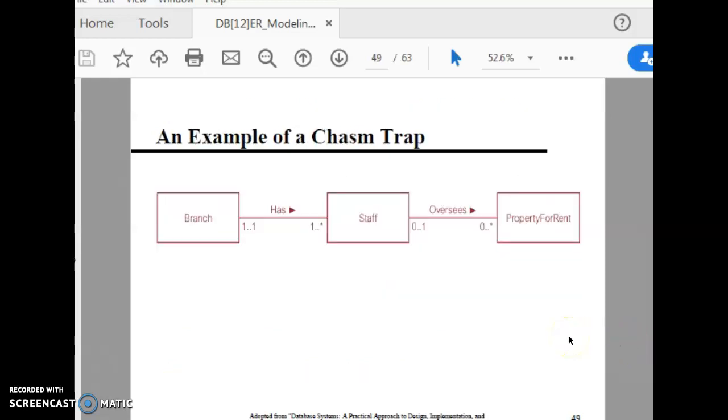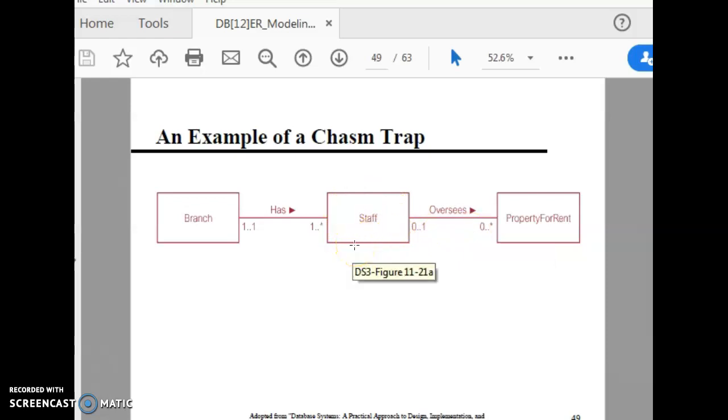So let us consider branch, staff, property for rent entity types, and has and oversees relationship types. Here, a single branch has one or more staff who oversee 0 or more properties for rent, and it also shows that not all staff oversee property and not all properties are overseen by a member of staff.